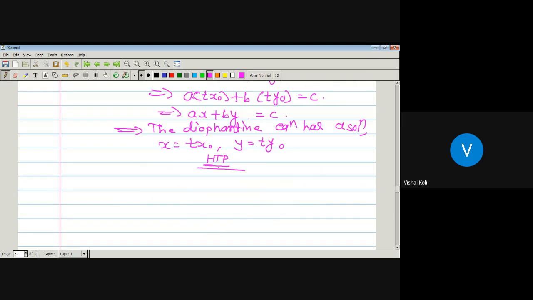So whenever ax plus by equal to c is a linear Diophantine equation, then it has a solution if and only if the GCD of a and b divides the integer c. Up to now, any doubt?